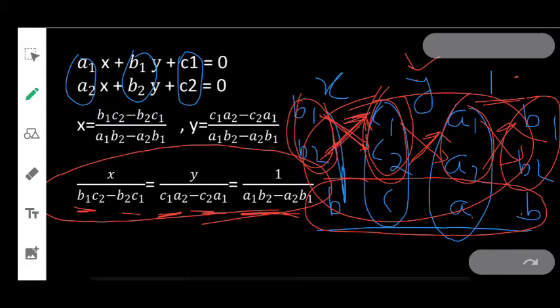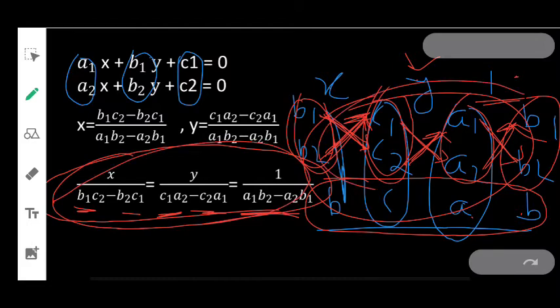So B1 C2 minus B2 C1, then in y, C1 A2 minus C2 A1, then in 1, A1 B2 minus A2 B1. So you can remember this formula, or derive it by this method.